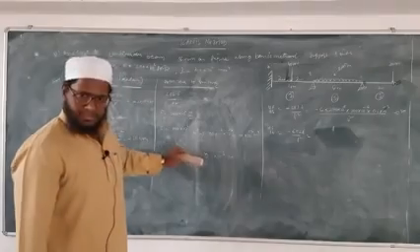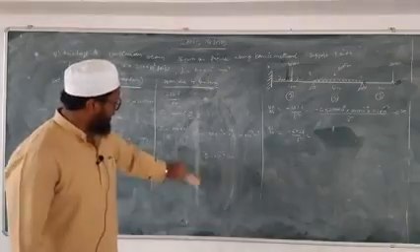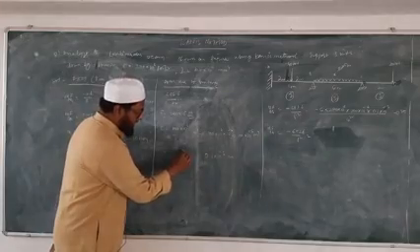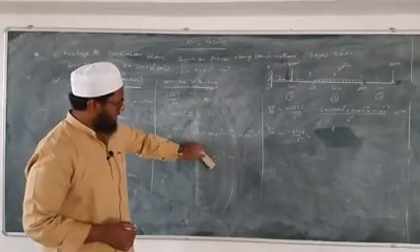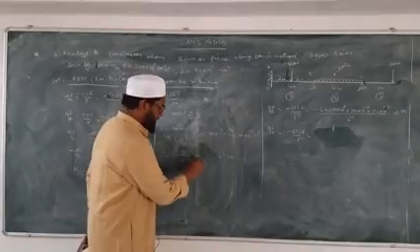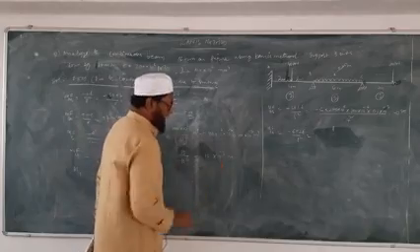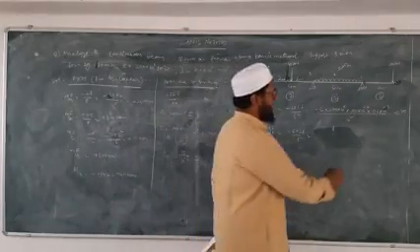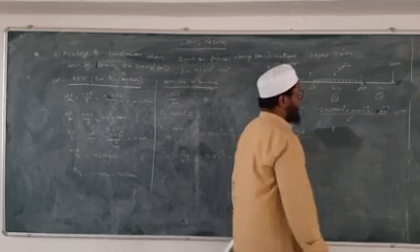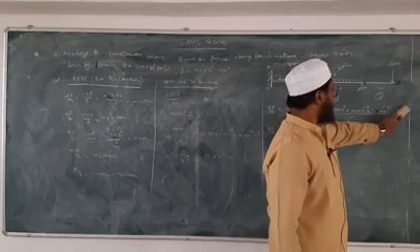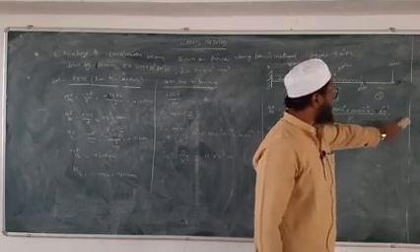Yes, see here. One second. It is 10 divided by 10 power minus 3, right? Not 0.1. 10 into 10 power minus 3. So it will be 75, I think.